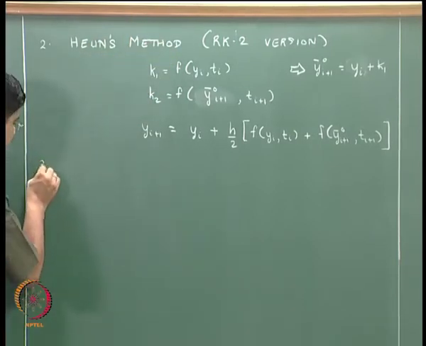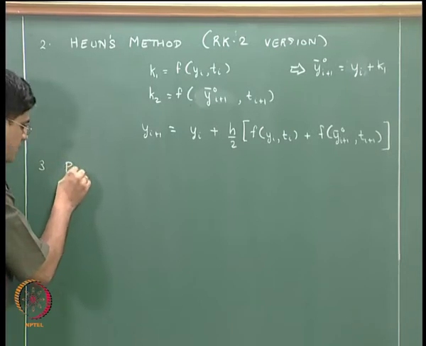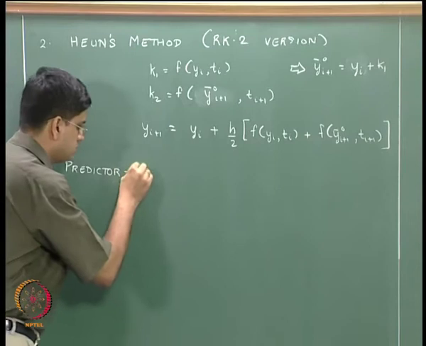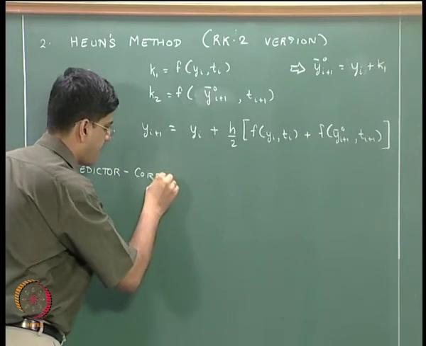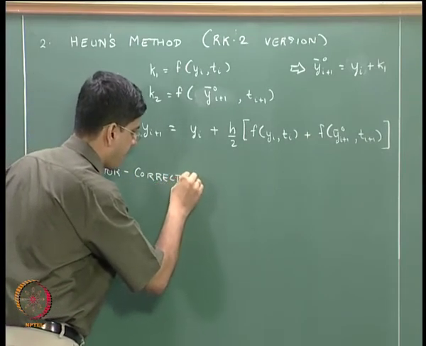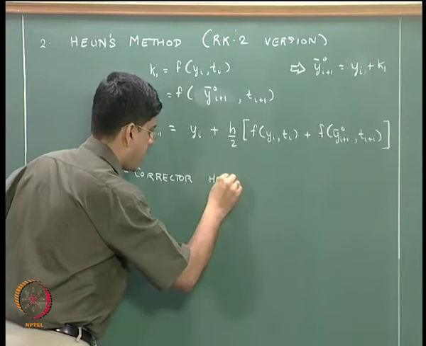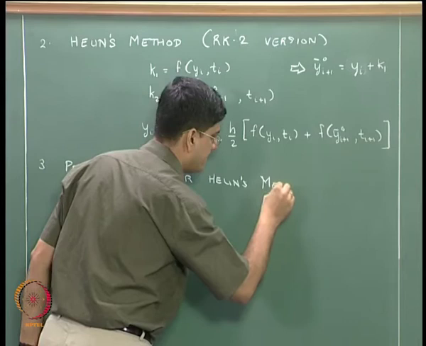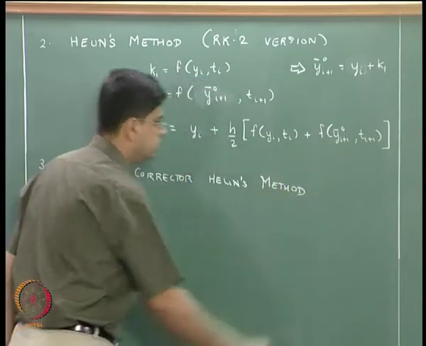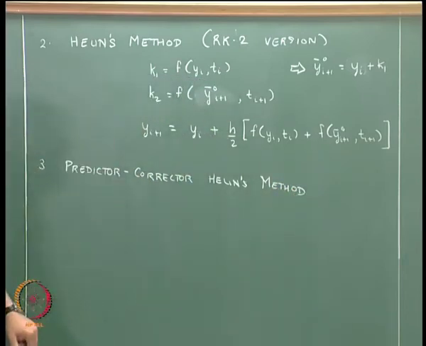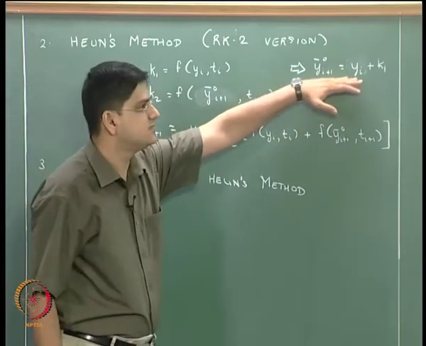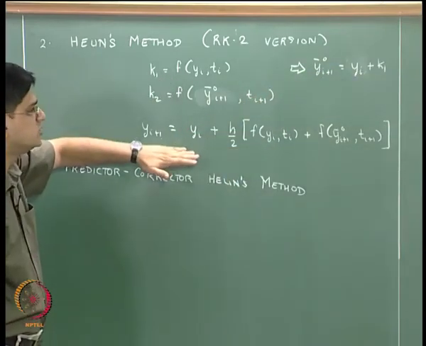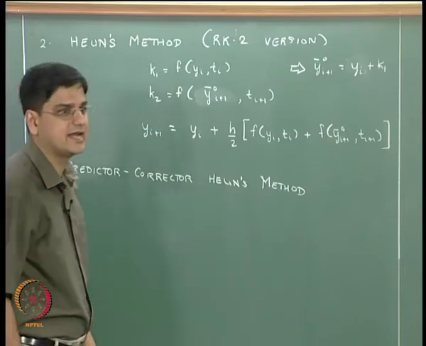The predictor corrector version of Heun's method is this: this becomes a predictor equation and recursive use of this equation becomes a corrector equation.